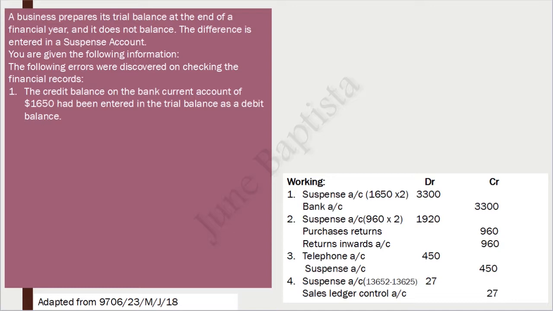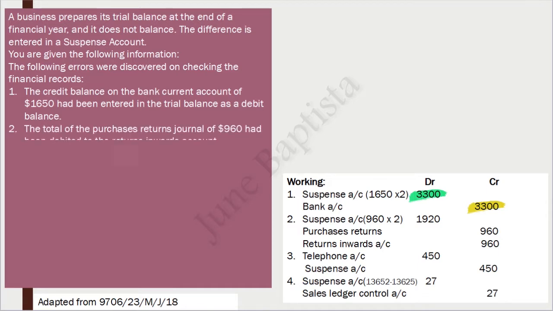Let us now do the right thing. Since it was a credit balance, we will credit the bank account again, $1,650. Therefore, the bank account will be credited with $3,300, which is 1,650 times 2. And the suspense account will be debited.